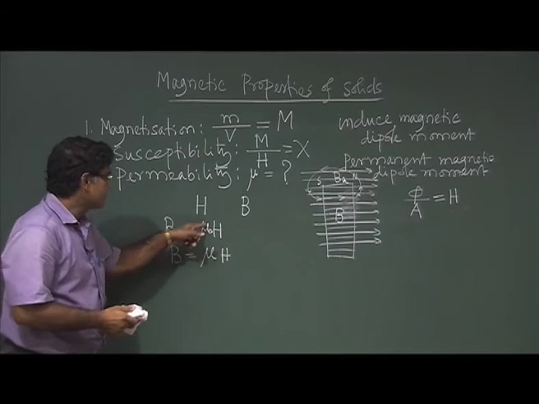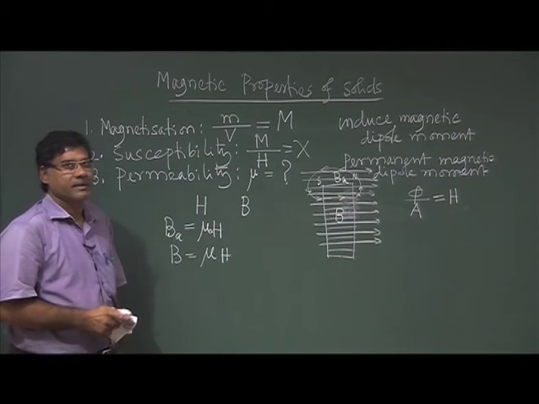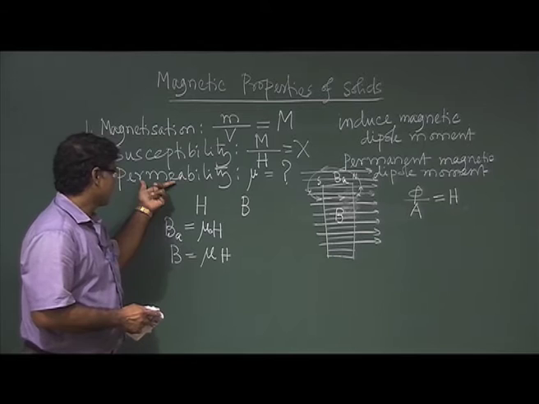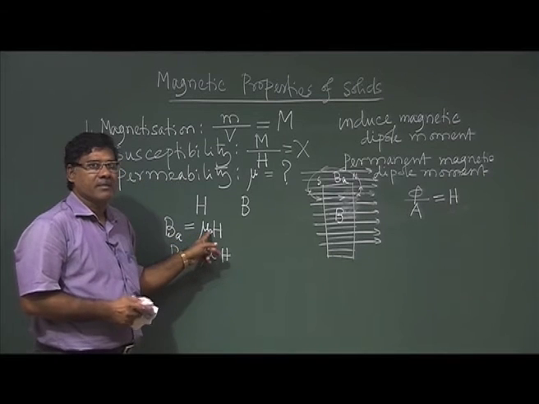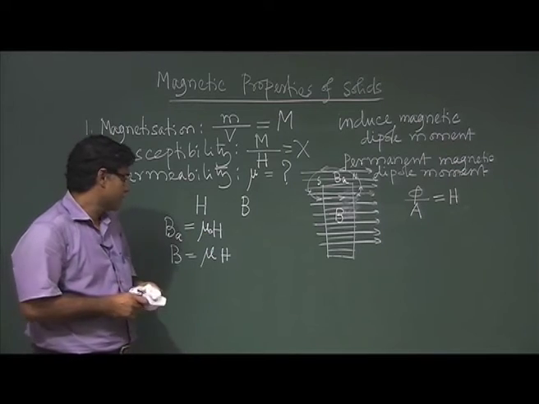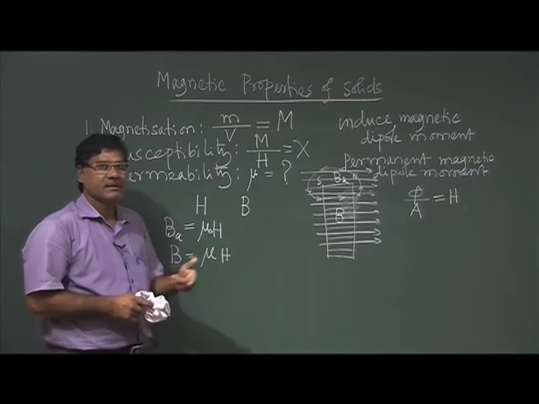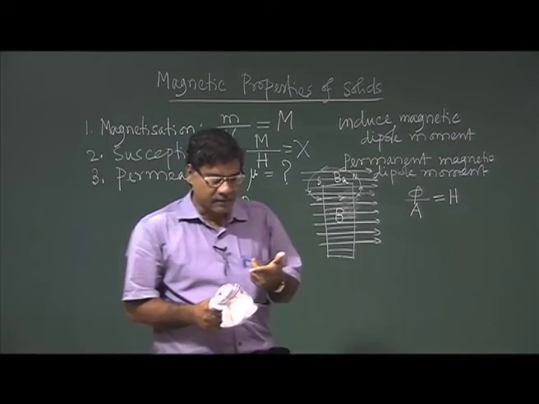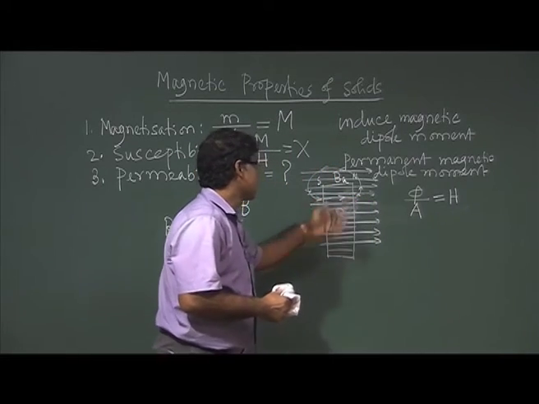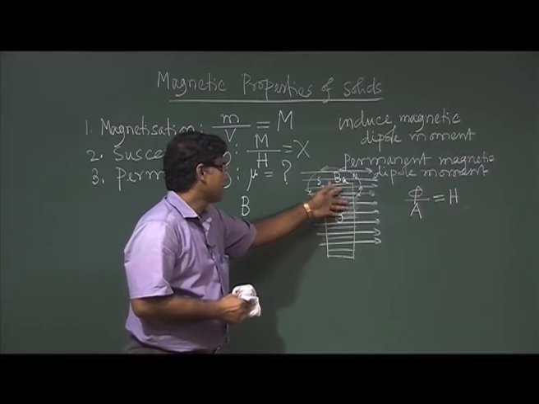So this mu is called the permeability, right. mu 0 is the permeability of air or vacuum or non-magnetic material, and mu is the permeability of this magnetic material.